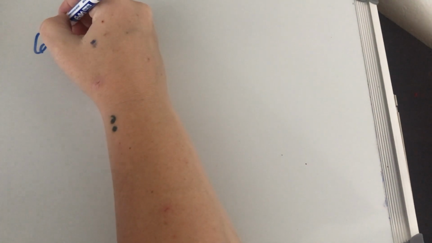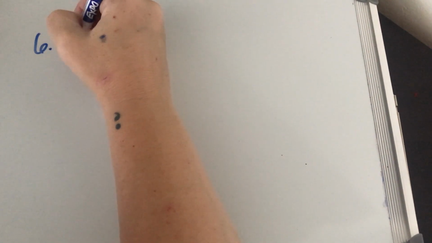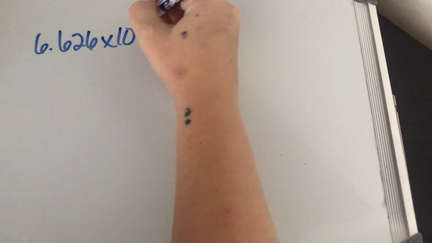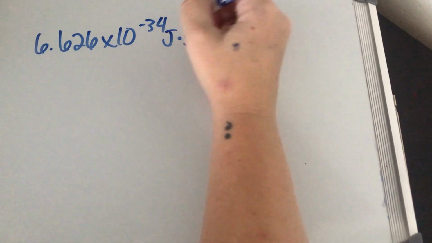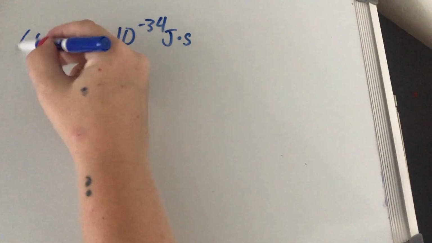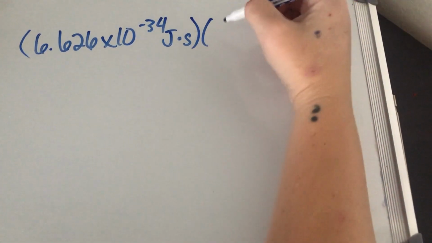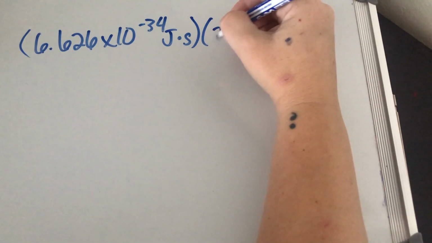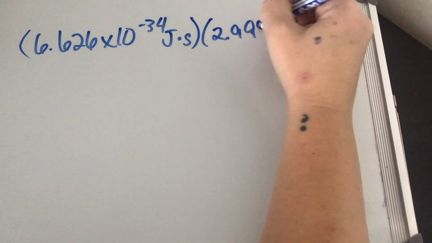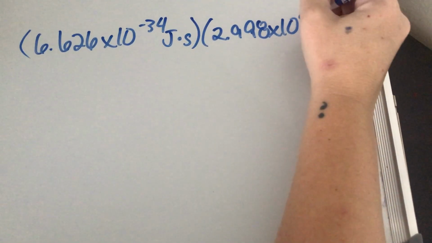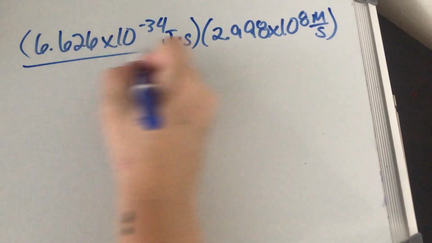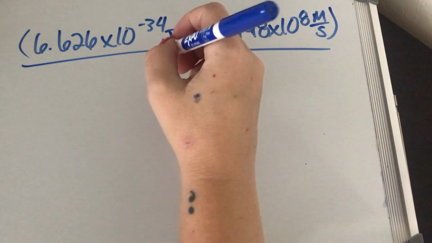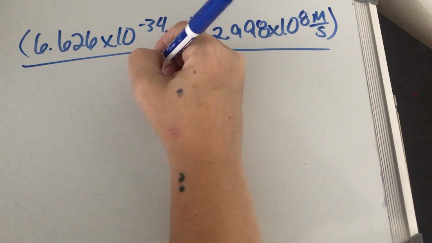Okay, so 626 times 10 to the negative 34 joule seconds times. Anybody taking physics? A very long time ago. A million years ago? Cool. Yeah, I took it in high school 10 years ago.